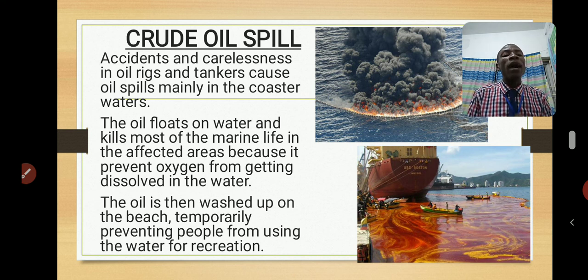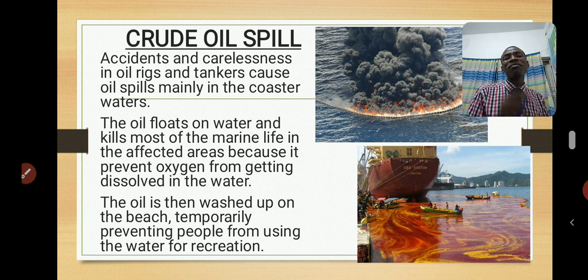So that is why crude oil spillage is a major issue in the riverine areas where most of our oil is coming from. Apart from that, it is very expensive to clean up a place that is polluted by crude oil. So that is why it's a major concern to environmentalists today.